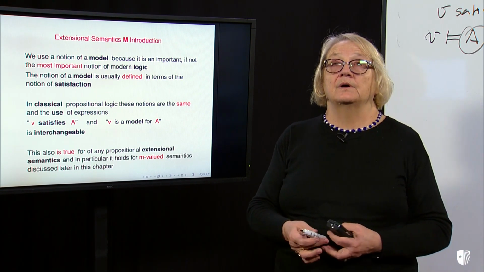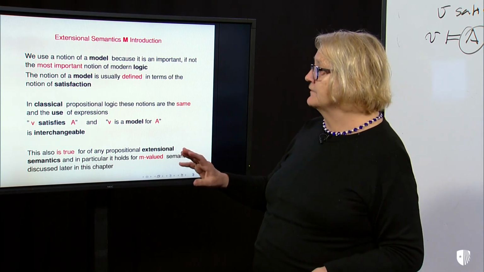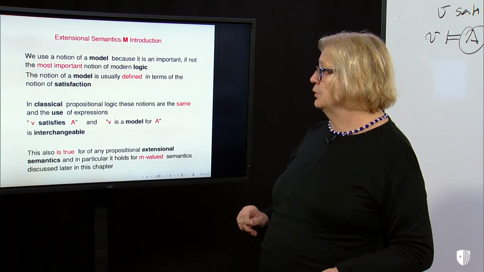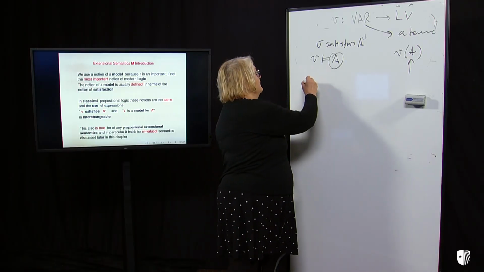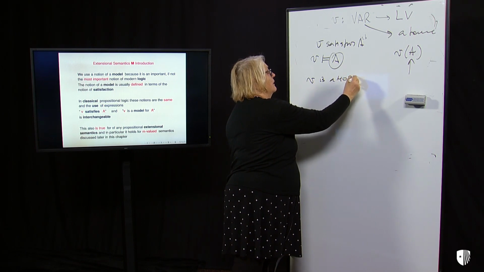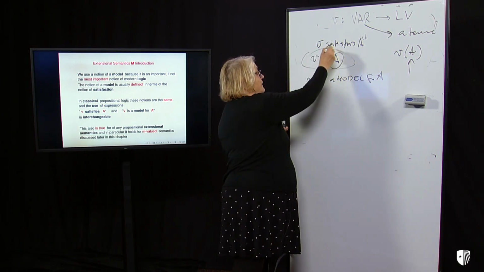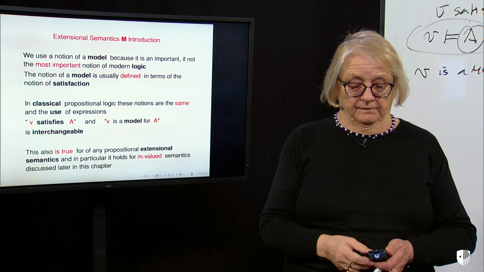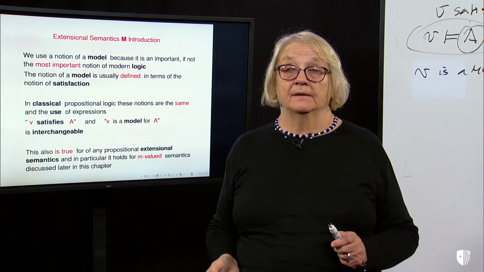And also, another way of saying V satisfies a formula is to use the words V is a model of the formula. So V satisfies A, V is a model for A, and this is a notation. So that is interchangeable, and we often talk about the model.